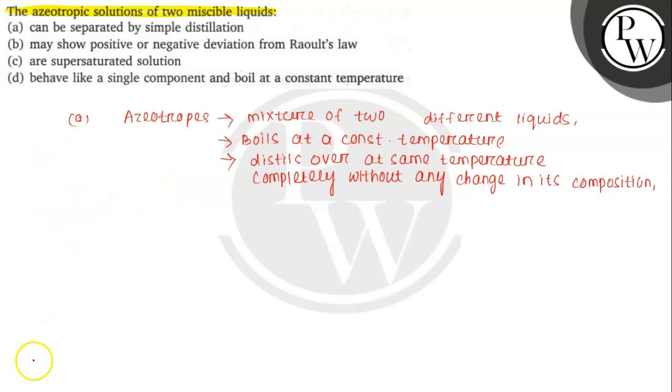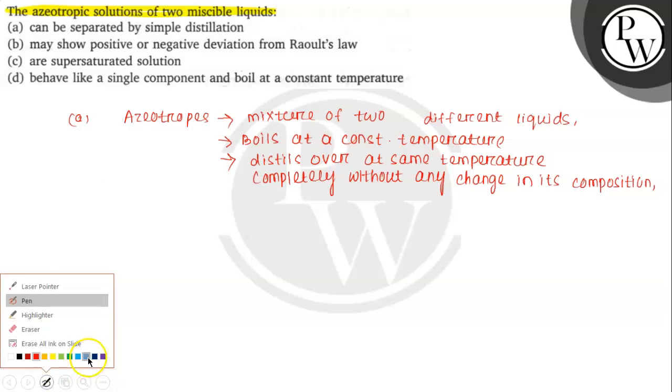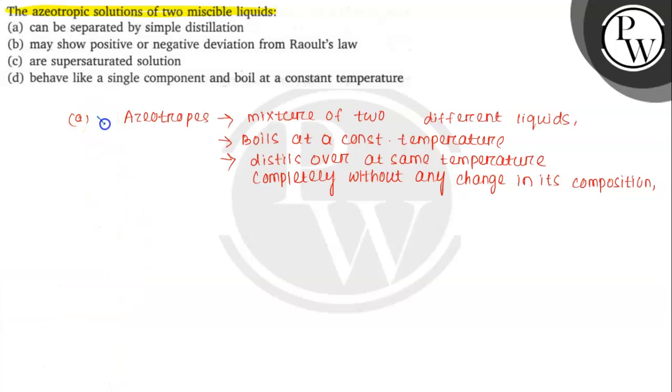So if you see option A, it says that it can be separated by simple distillation. So option A is incorrect because it cannot be separated by simple distillation. Then option B: may show positive or negative deviation from Raoult's law. Azeotropes behave like a pure liquid, so they cannot be separated even by fractional distillation, not just simple distillation.